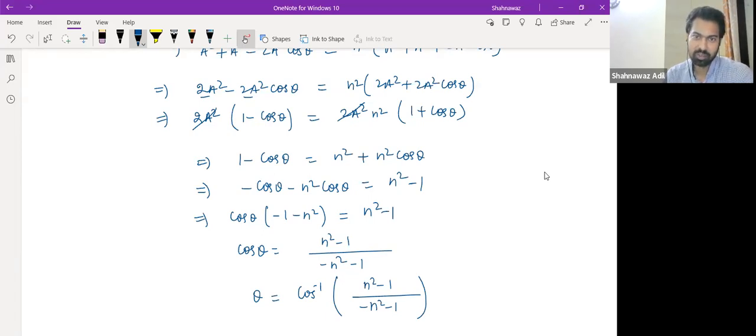In the 11th portion, Rishita has sent her homework, but Akib, you have not sent yours. I have done it, sir, I forgot to send. Oh, so please send it. I'll show it in class.